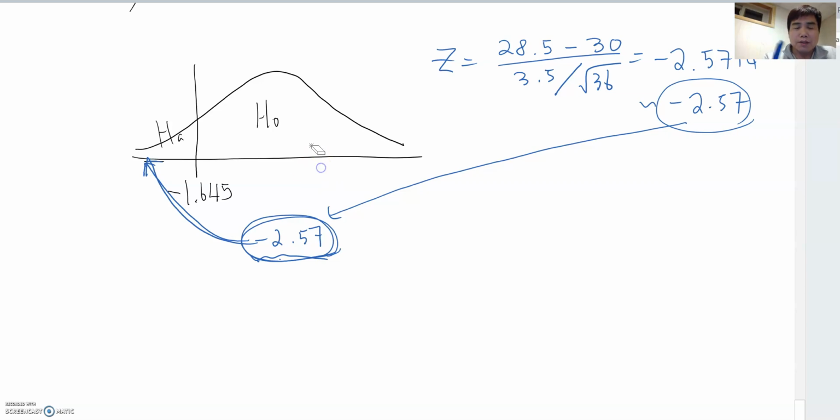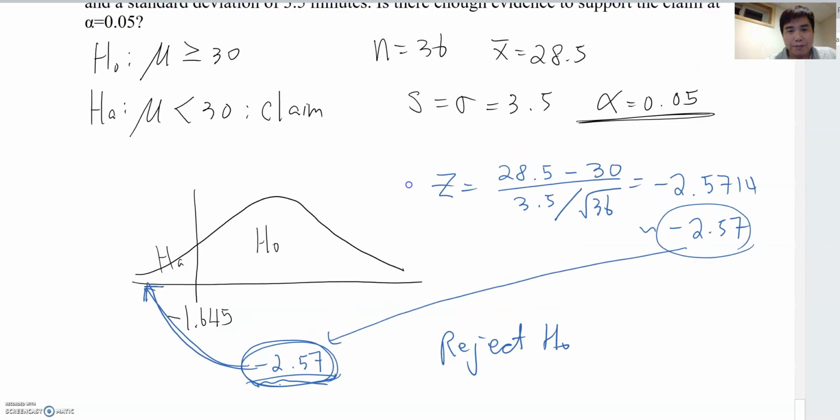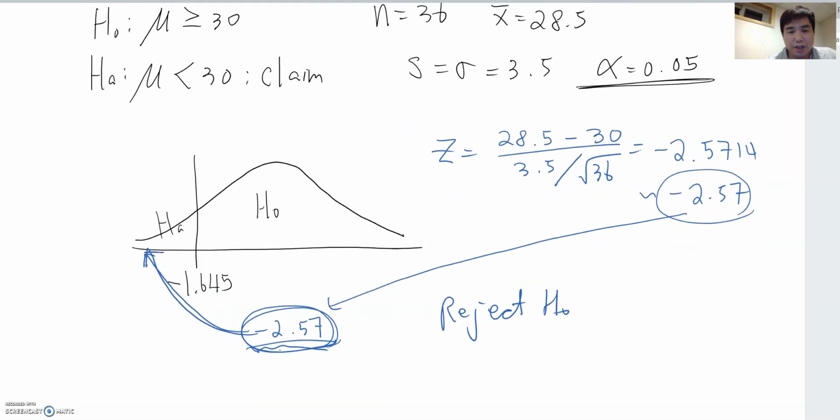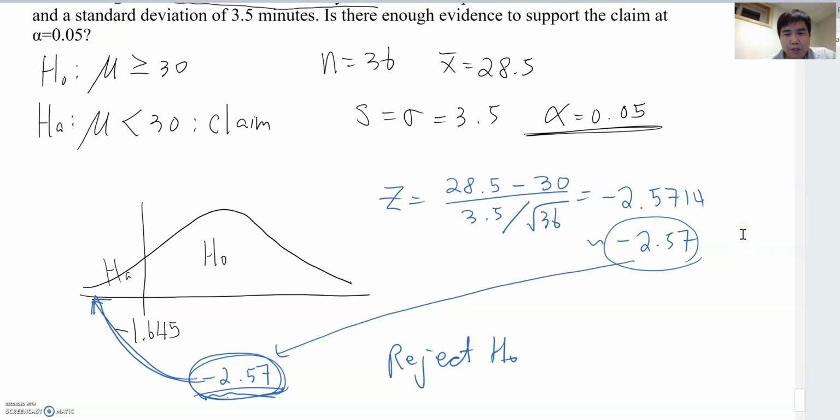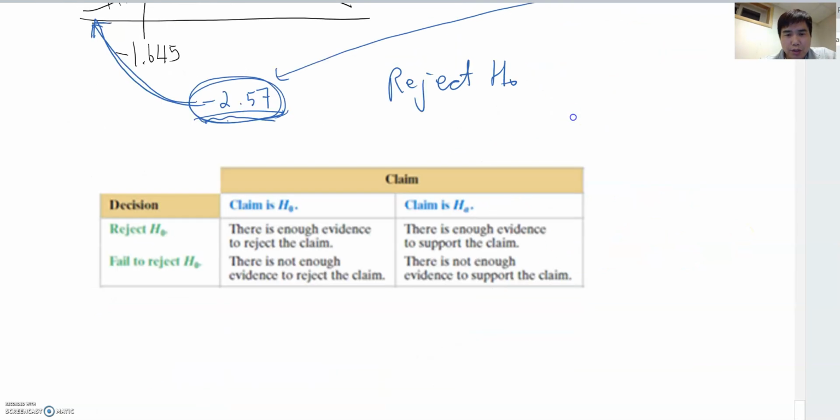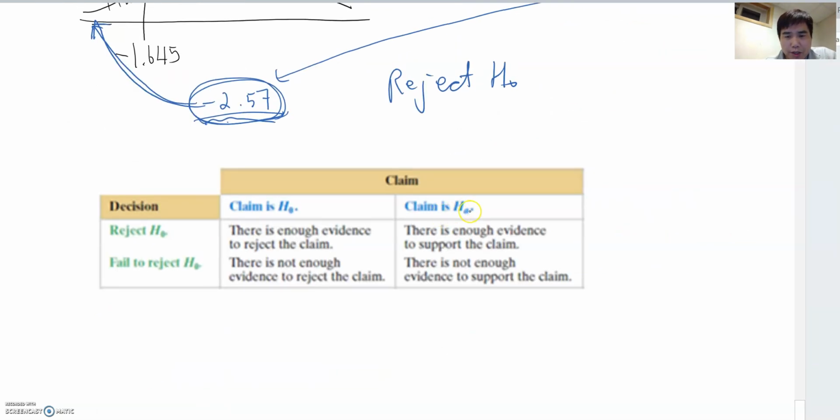Therefore, since the sample z-score belongs to HA, we can reject H0. So the conclusion is reject H0. Now, where was the claim? The claim was on HA, and we reject H0. So now we can conclude: claim on HA and reject H0, so there is enough evidence to support the claim.